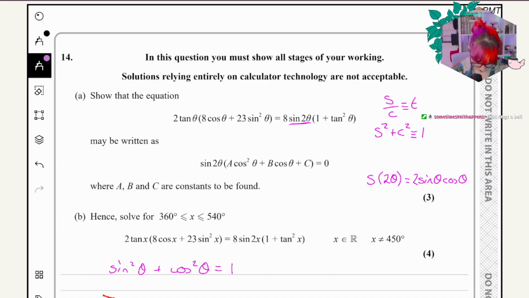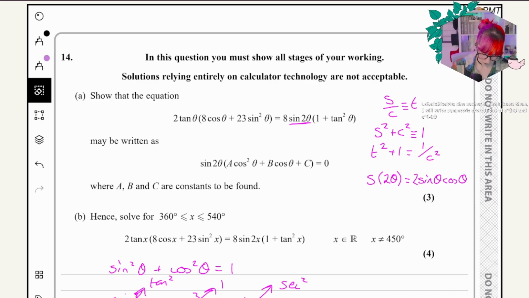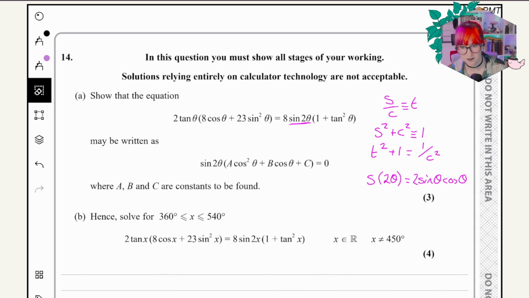If I divide everything by cos squared, then cos squared over cos squared is 1, so that goes to tan squared, that goes to 1, and that goes to sec squared, which is 1 over cos squared. So tan squared plus 1 is 1 over cos squared. Might come in handy, might not. We'll see how it goes. So those are the formulas I think we're going to need.